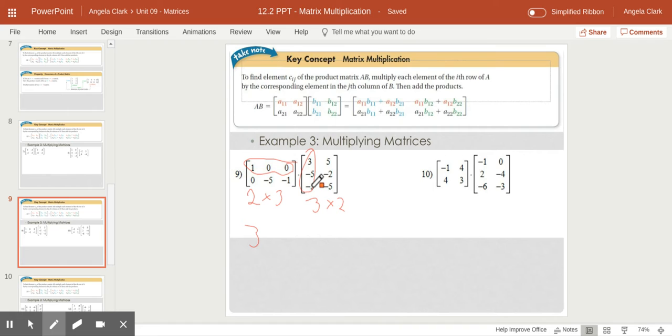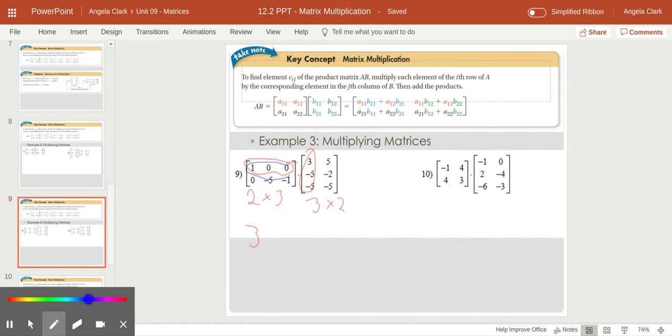If we're adding zeros, it doesn't change anything, so I'm not going to write them. You can for thoroughness, but what would be the point? So our first element here is just 3. No more simplification needed.